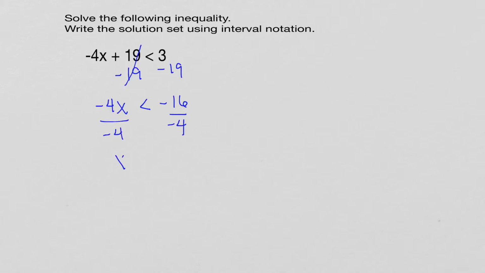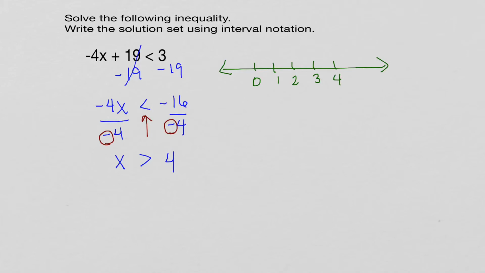So we get x is now, again, since we're dividing by a negative number, not because we're dividing, but because we're dividing by a negative number, we flip our inequality, so x is greater than positive 4. If we were to look at this on a number line, again, I'll give the reference of where 0 is.